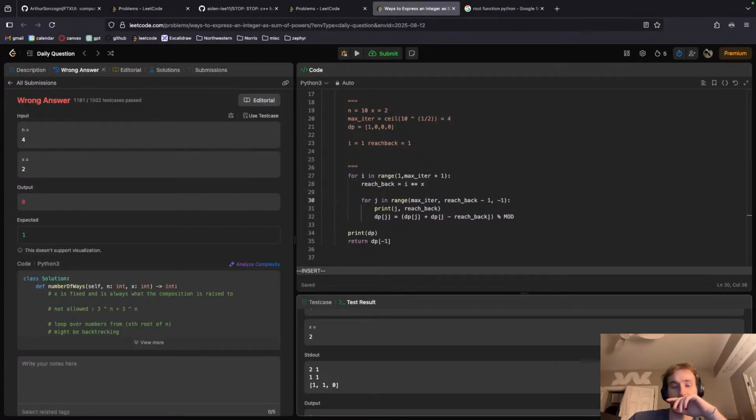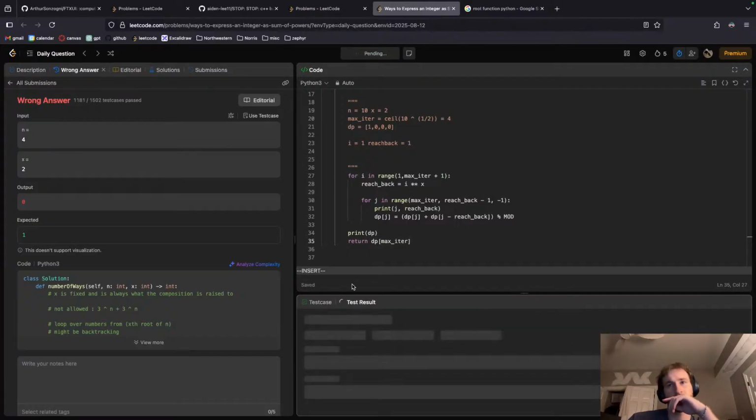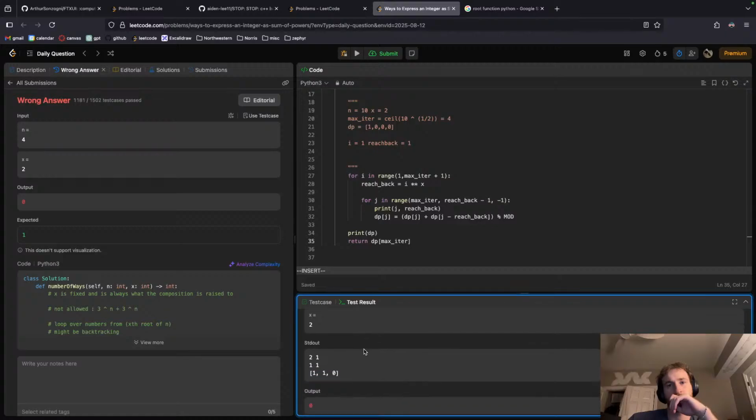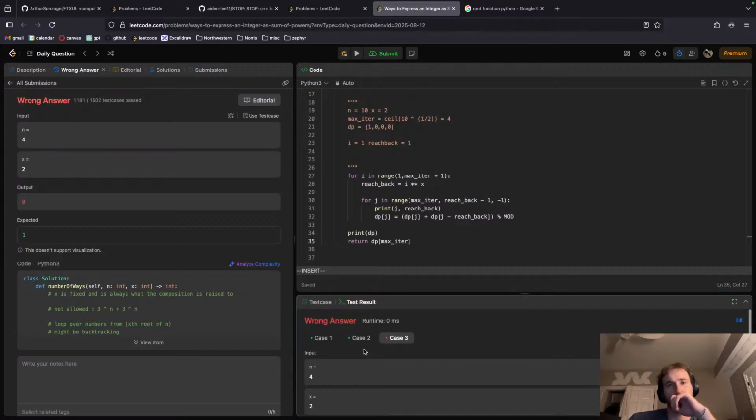I'm such an idiot. I actually just don't understand this. I don't understand how this is wrong. I actually just don't know.